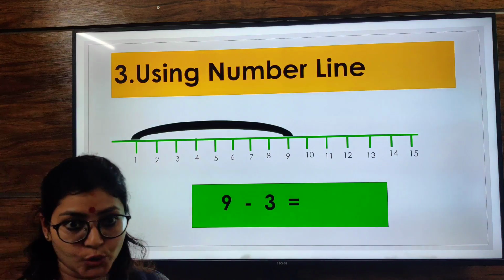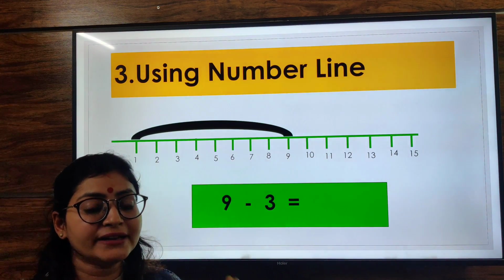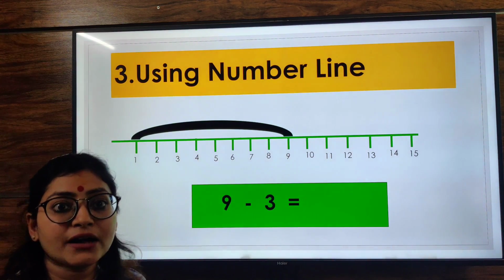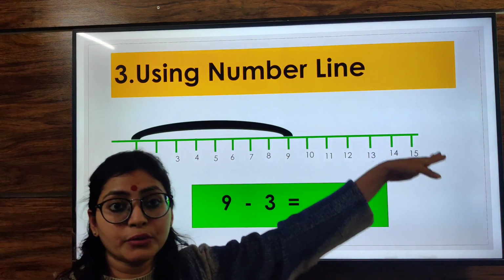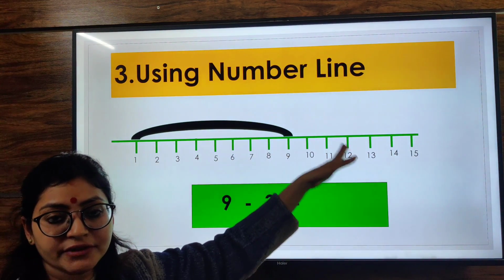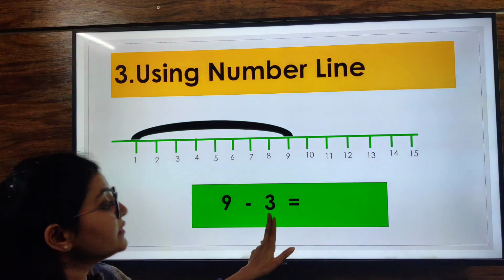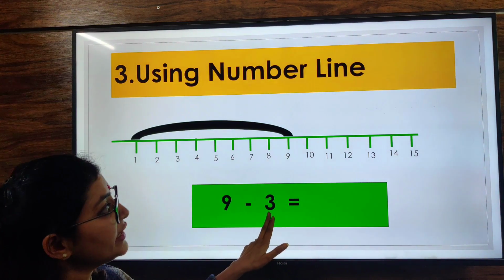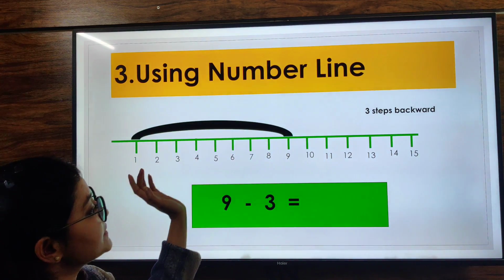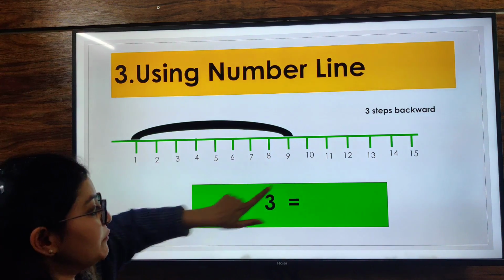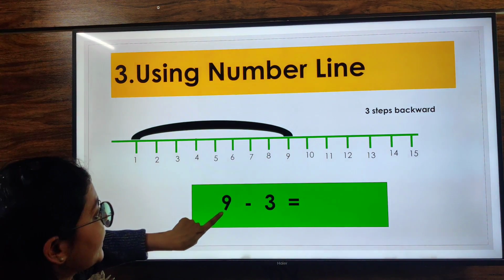Now, as I told you, we have to move backward. In addition, do you remember we were stepping forward, but in subtraction we will move backward this many times. We have 3 here. Now we will take 3 backward steps from this number. It's 9.